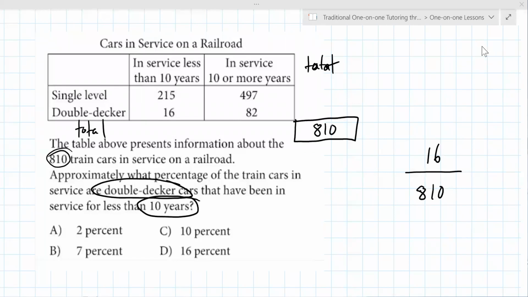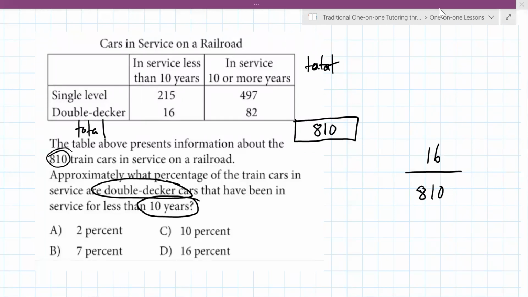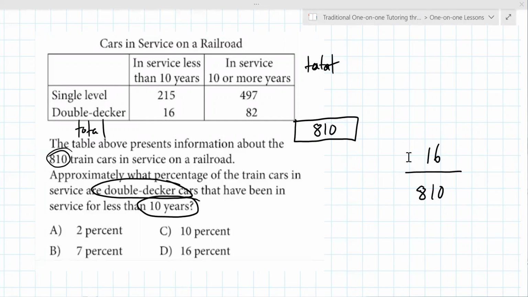You've got to type in 16 divided by 810, and you'll get a number.